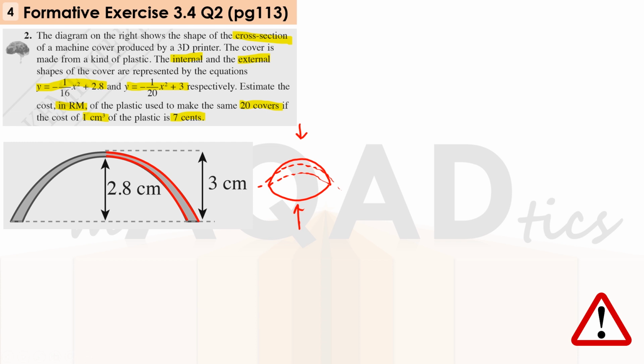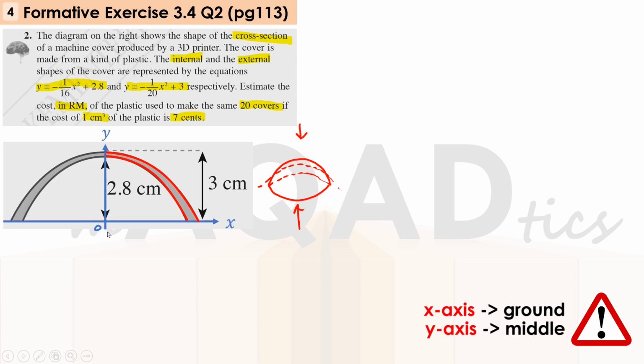For the x-axis, we will put it at the ground, which is the dotted line here. The y-axis, I would recommend to put it in the middle of the graph, which is something like this. The reason is because later on when we want to find volume, we need to rotate the diagram. So if we put it in the middle, it will be easier for us to find the volume.